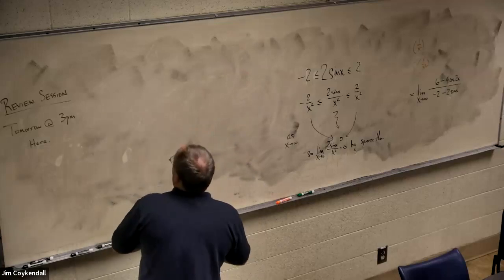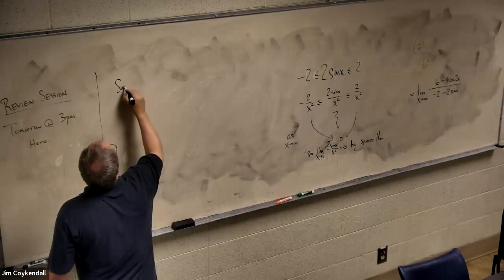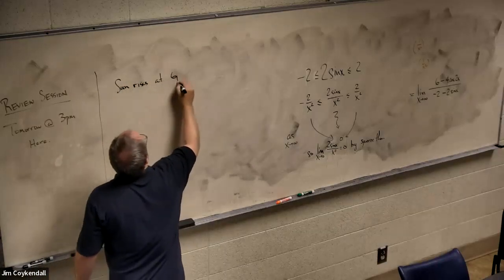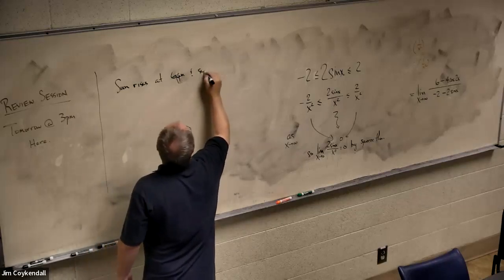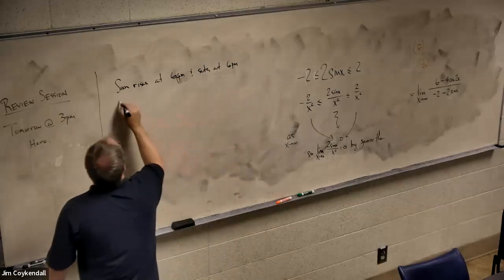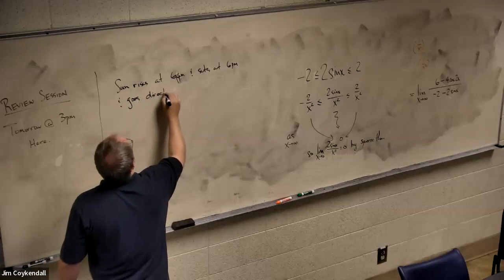There's an implicit piece of information in there: the sun rises at 6 a.m., sets at 6 p.m., and goes directly overhead.